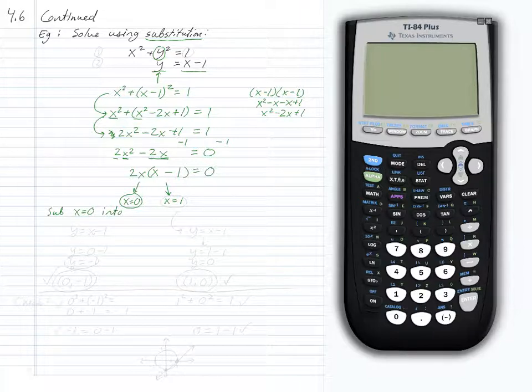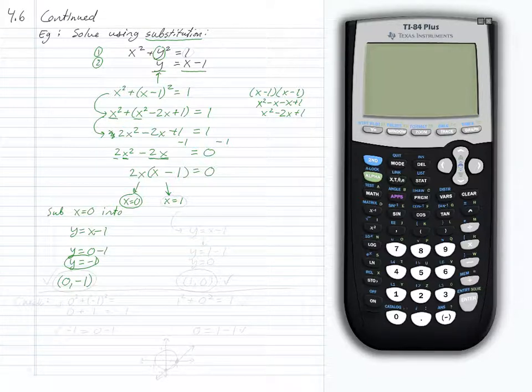I think the bottom equation, equation number 2 here, is going to be a little bit easier. So to solve for y, we get y equals 0 minus 1. And it looks like y equals negative 1. So the point that we came up with is 0, negative 1.